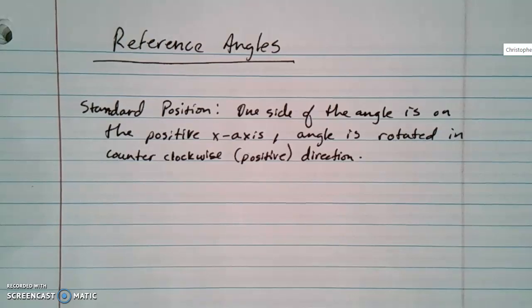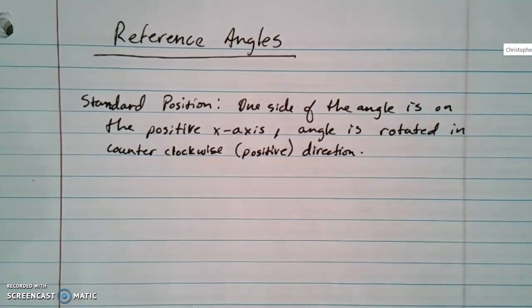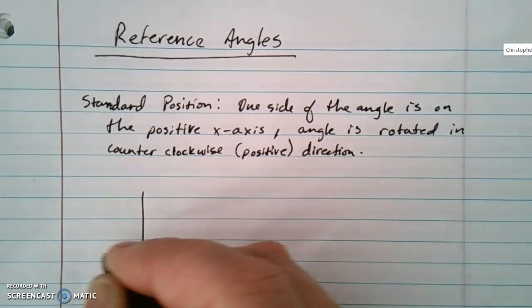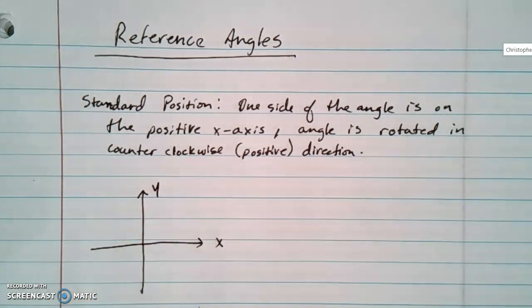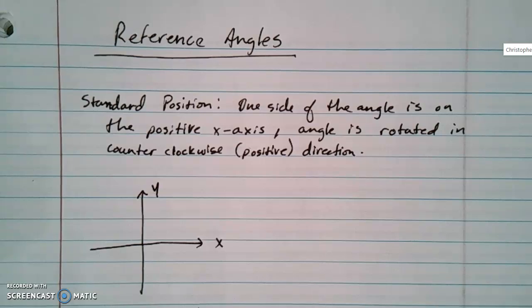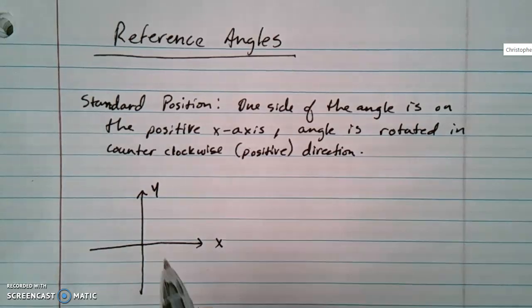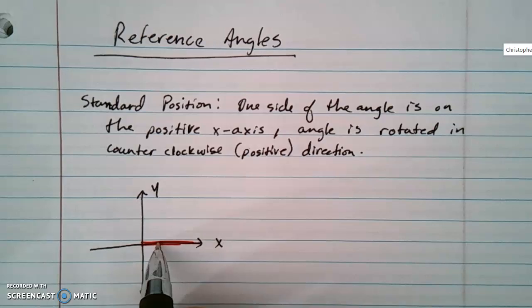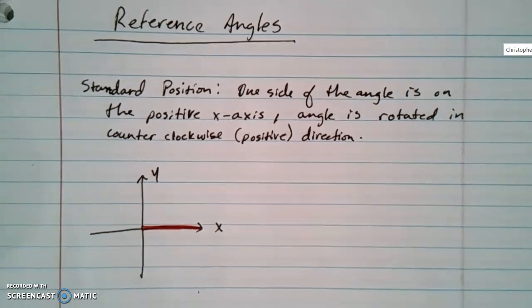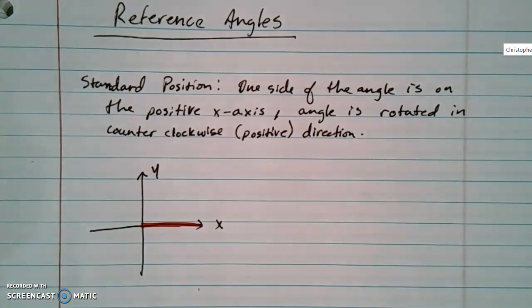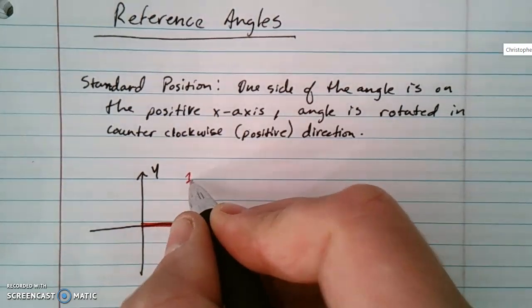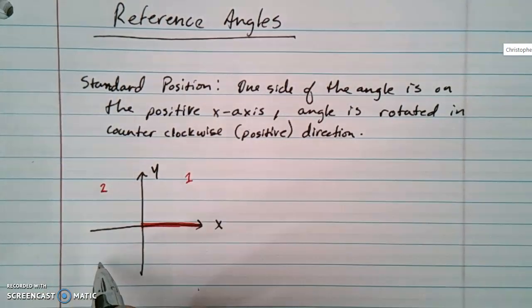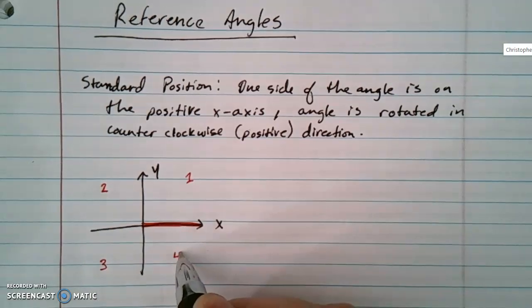So if you think of graphing something, standard position is one side of the angle is always going to be here, the positive x-axis. One side is always going to be here. And if you remember your quadrants, this is quadrant 1, quadrant 2, quadrant 3, and quadrant 4.